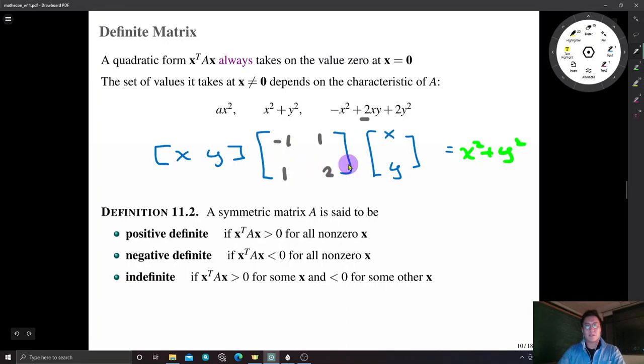At first glance, it's not immediate whether this function is positive or negative. When x is large, due to this negative sign, we may have a negative value. But when x is small, we may have a positive value. So depending on x and y, this quadratic form can take a negative value or a positive value.